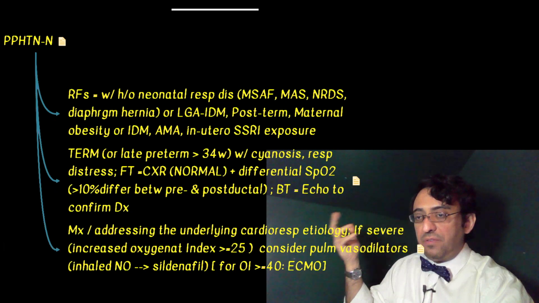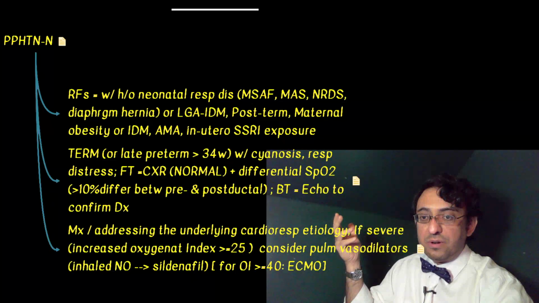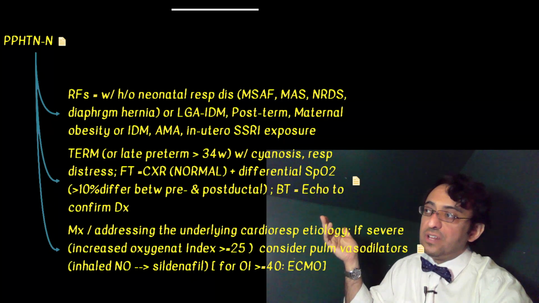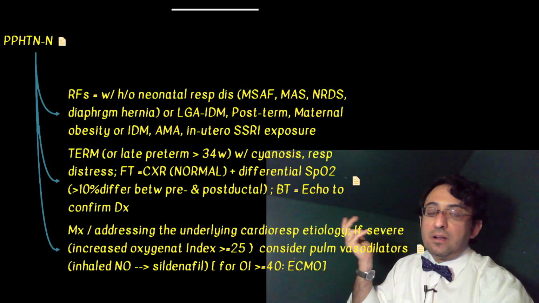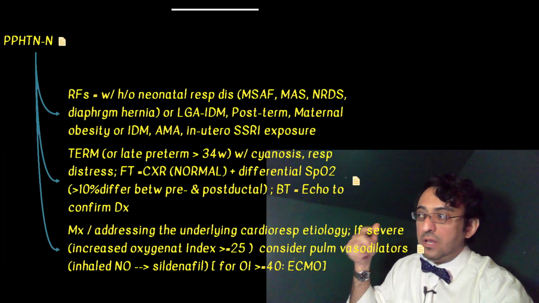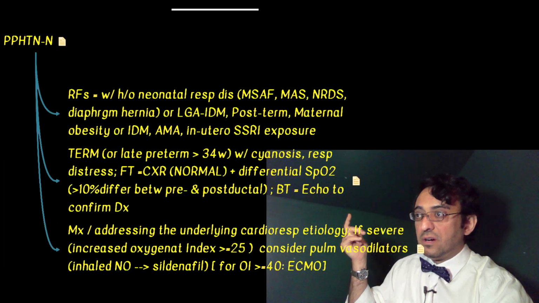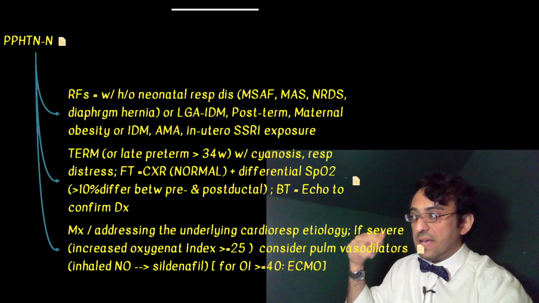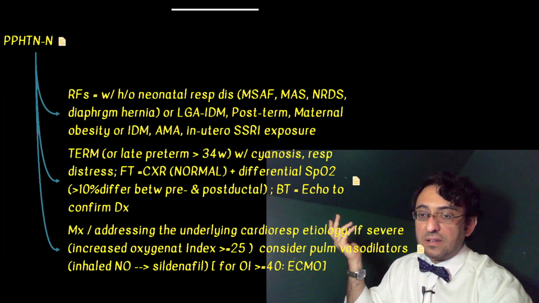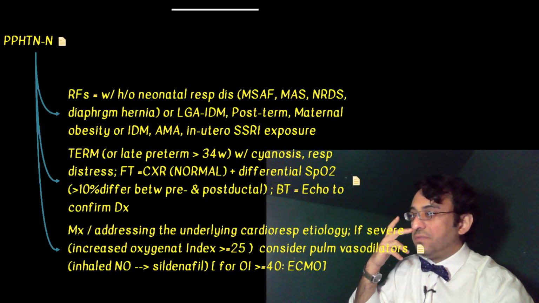So if FiO2 and peak airway pressure are increased, they increase the oxygenation index. Another thing is if the neonate has a low partial pressure of oxygen in the arterial system, a low PaO2, that also increases oxygenation index.